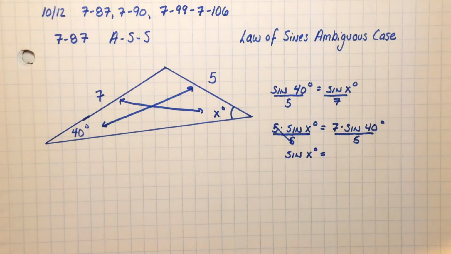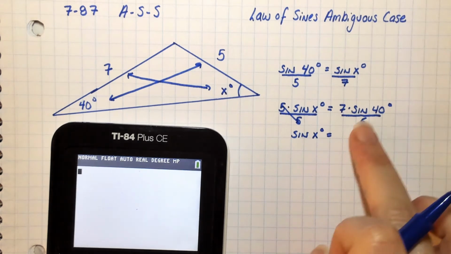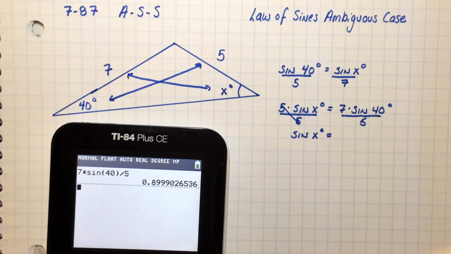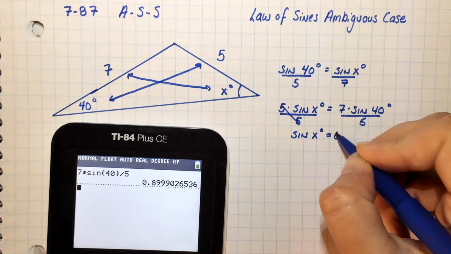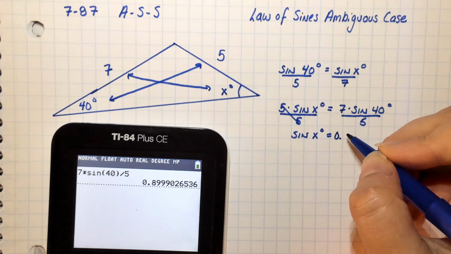I'm going to do this on the calculator, but remember, to avoid rounding error, you're going to want to leave this answer in the calculator. So 7 times sine 40 divided by 5, 0.8999.